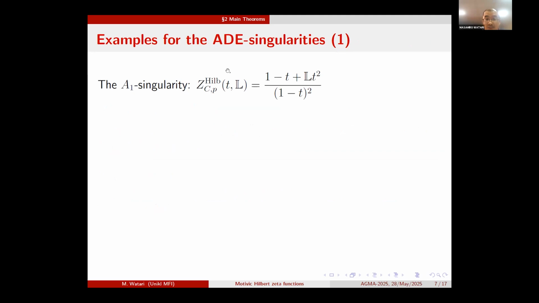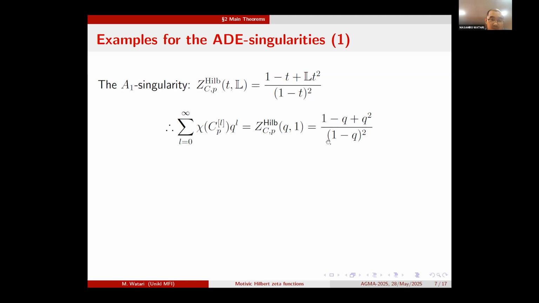So the Motivic Hilbert zeta function is this, and it follows from theorem 1 that the generating function of Euler numbers is given in this way. Substitute 1 for L and replace T with Q. Then we obtain this generating function of Euler numbers.